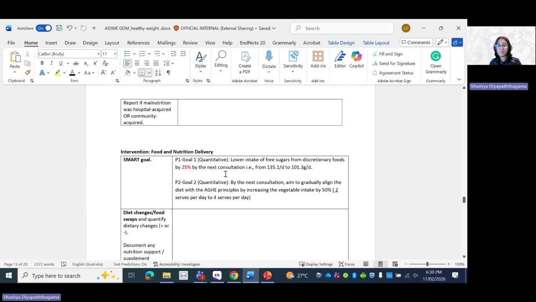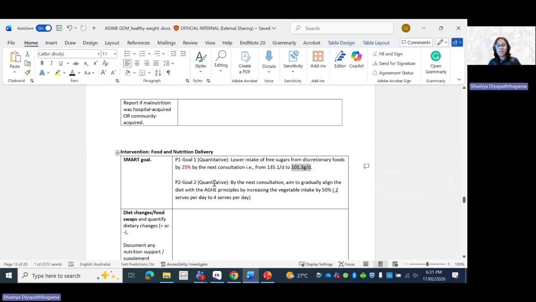So 25% means the total intake of free sugars right now is 135 grams. Reducing 25% of that means she's allowed to have 75%. This is 100%, but I cut down 25% of that. So she's allowed to have 75%, which is 101.3.